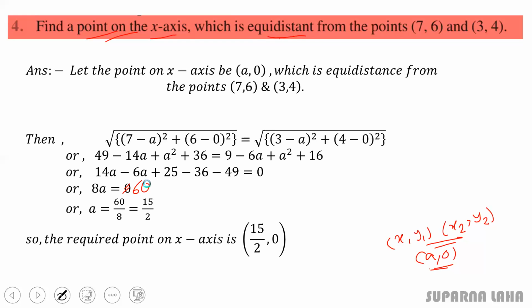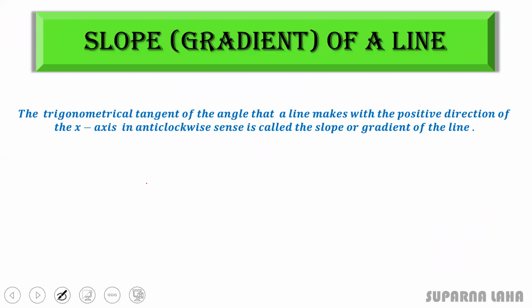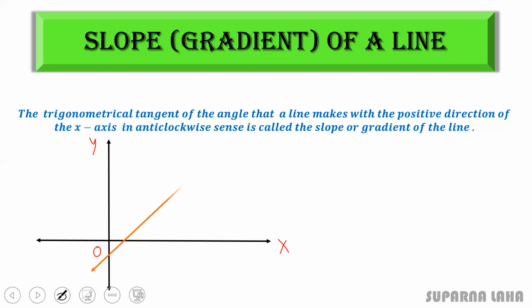So moving to the next. Slope or gradient of a line. So what is slope? So this is the x-axis and y-axis, right? So this is the origin. Take any line, here I'm taking this line which cuts the x-axis at this point.